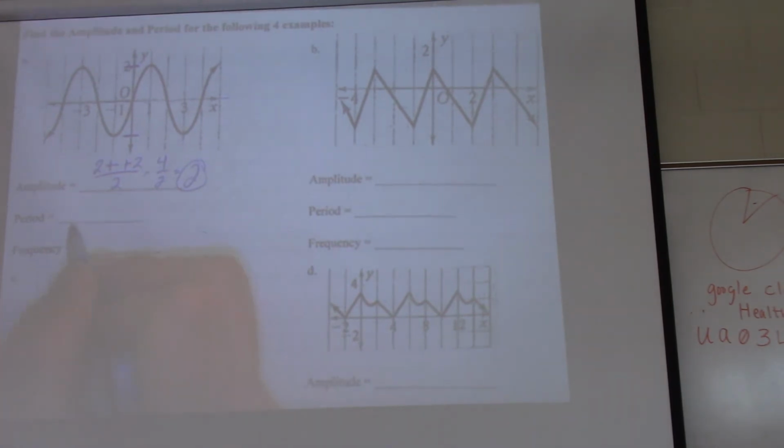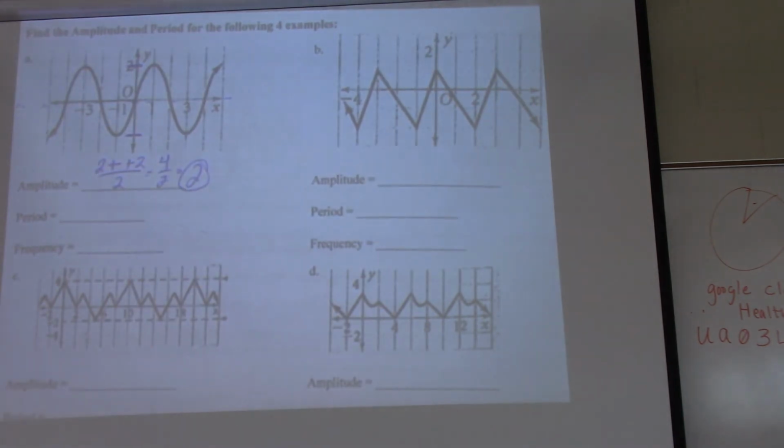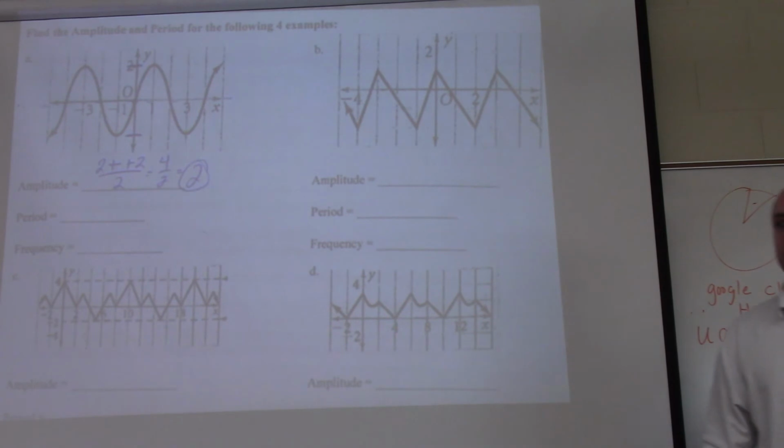So, the period. The period is from beginning to end of this pattern. And let's just start it here at 0. Where does it end? Does it end at 2 or does it end at 4? That's the question. Why is it 4? You mean like the whole cycle? Yeah, that's kind of what I'm trying to get at.